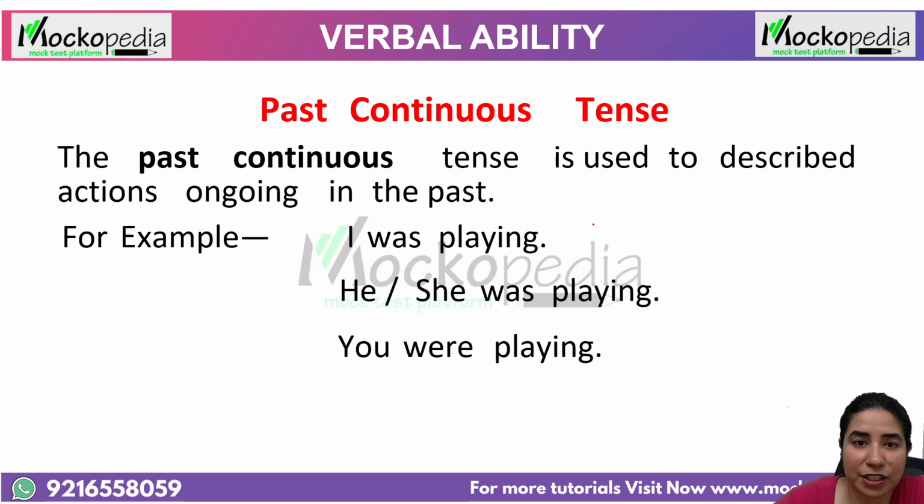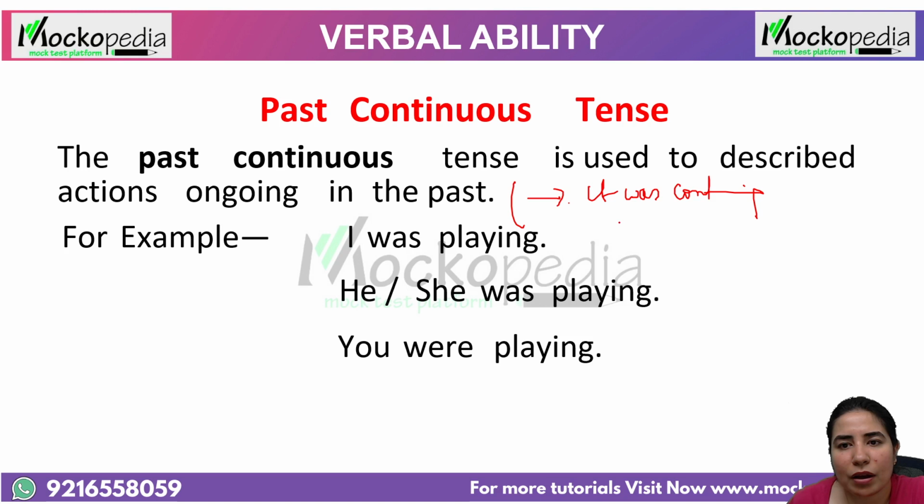Let's come to the next one, past continuous. So it was an ongoing action that started in the past, and if you want to further make it specific, it was continuing and then got interrupted.